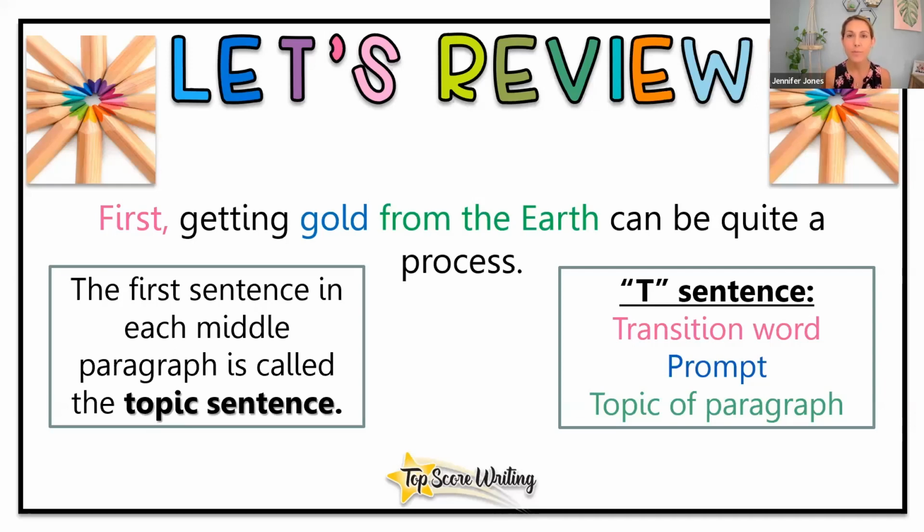First, getting gold from the earth can be quite a process. The 3 parts are the transition word you see highlighted in pink, which is first, because this is our first middle paragraph. The prompt or the central idea is highlighted in blue. And the topic of this specific paragraph, which is our T1 paragraph, is highlighted in green. So these are the 3 different parts that will comprise our clear and complete topic sentences.